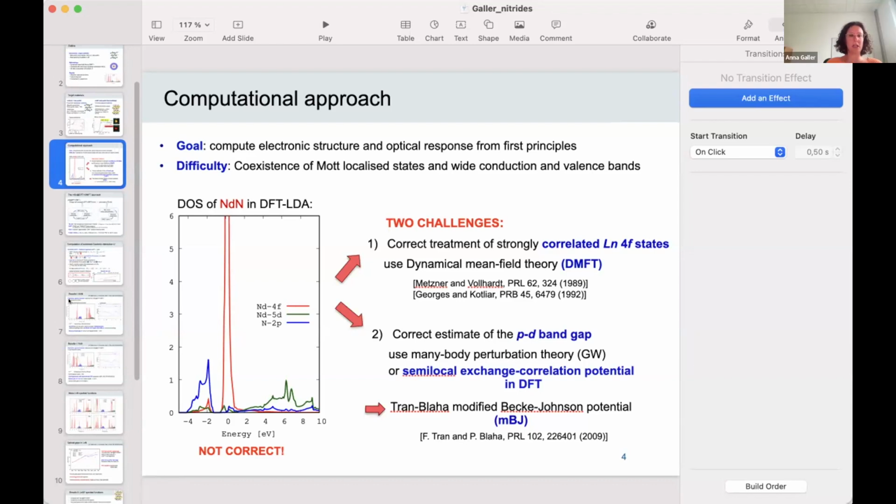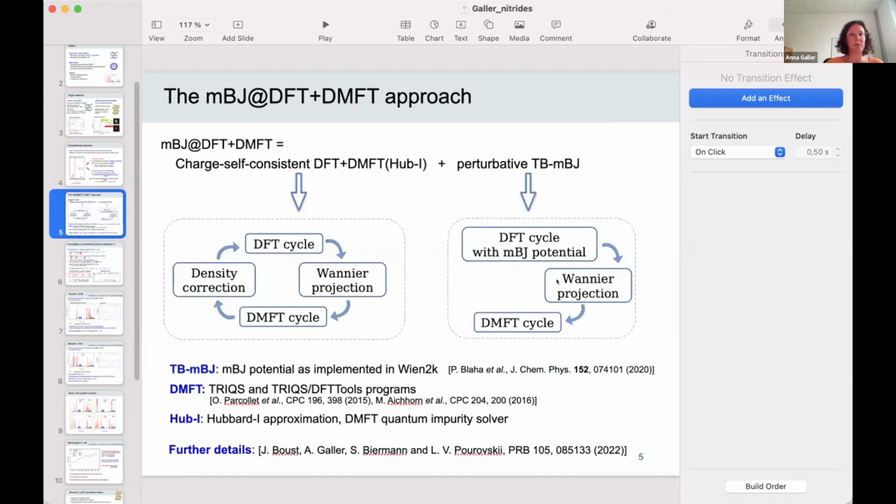No, I would say it's not that it gives better results. The advantage is clearly that it's numerically much cheaper. Here I run only one DFT cycle with this MBJ potential. It basically costs almost nothing, right? While the other methods like GW plus DMFT and also the screened exchange are much more expensive, as far as I understand.